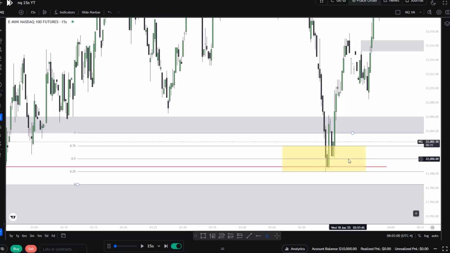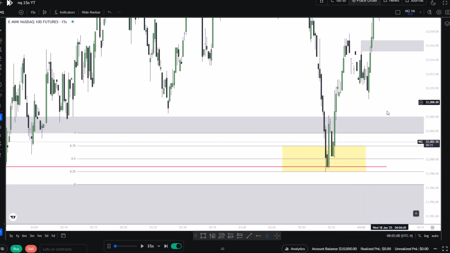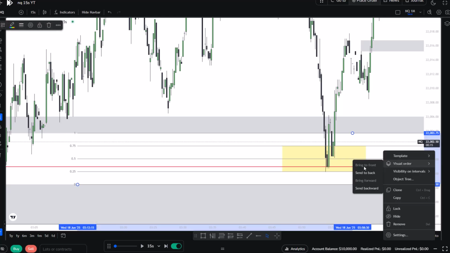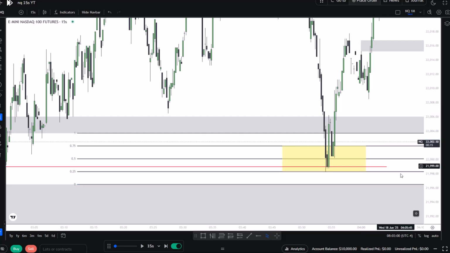Your event horizon, as per Michael's teachings, is in the middle two quadrants, okay? See where it stops. It stops right there, the wick.